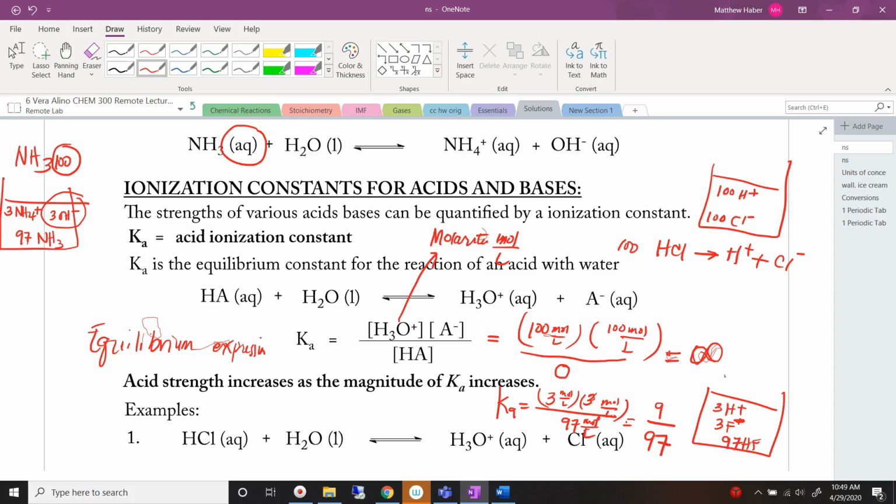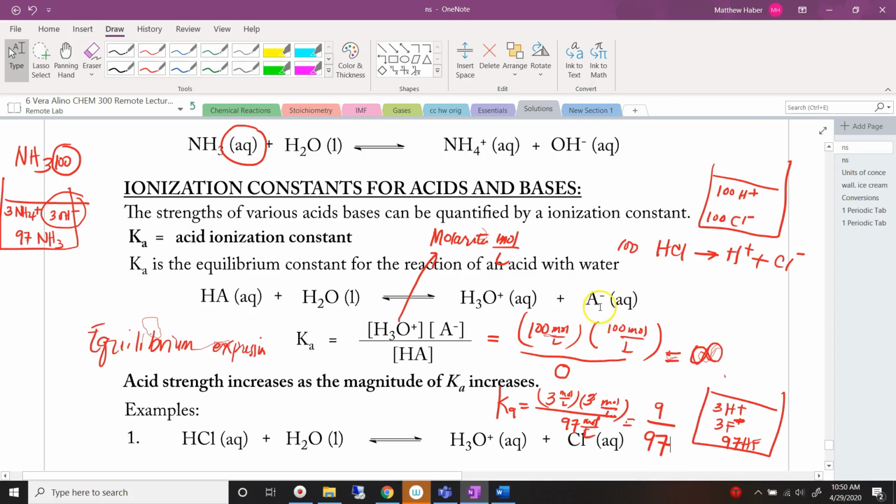So the more products you have in the solution, the more this number goes up. The magnitude of your Ka increases, and that implies that your acid is a lot stronger. It's very, very corrosive, because it has dissociated the majority of its ions into the water.